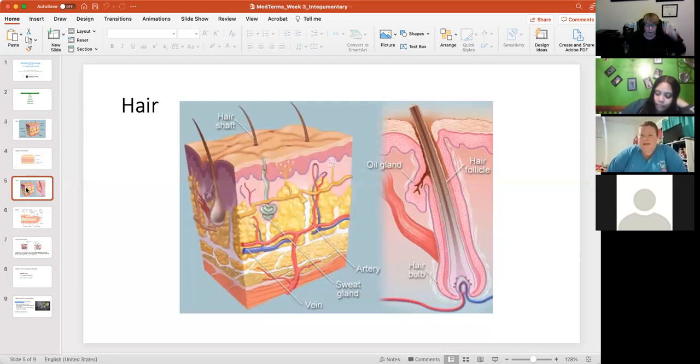Okay. All right. The hair from the epidermis extended out is the shaft, the hair shaft. Okay. Now, and again, there's that other fascination with the fact that, you know, you can pull out a hair and a new hair will grow back in its place.